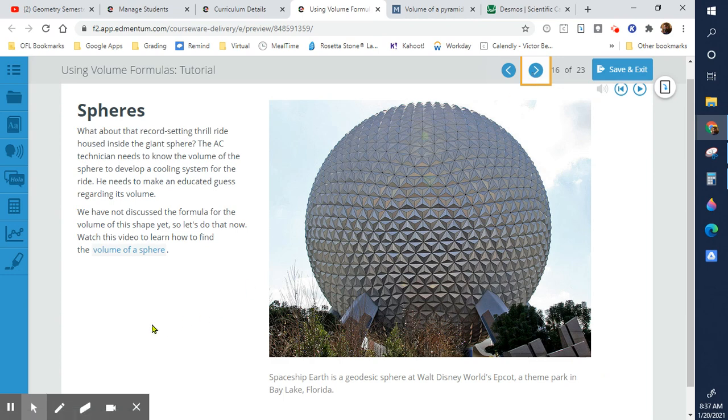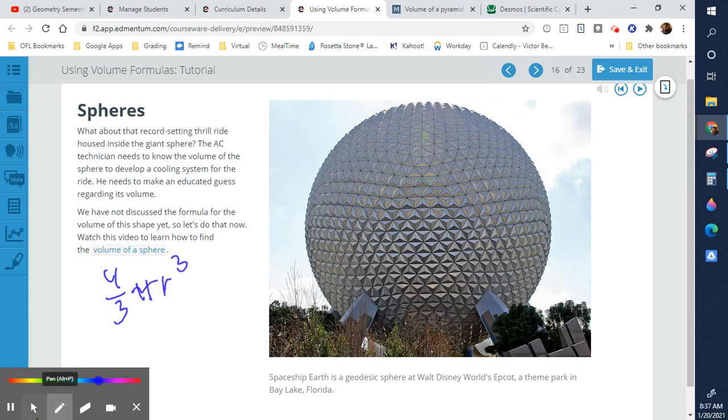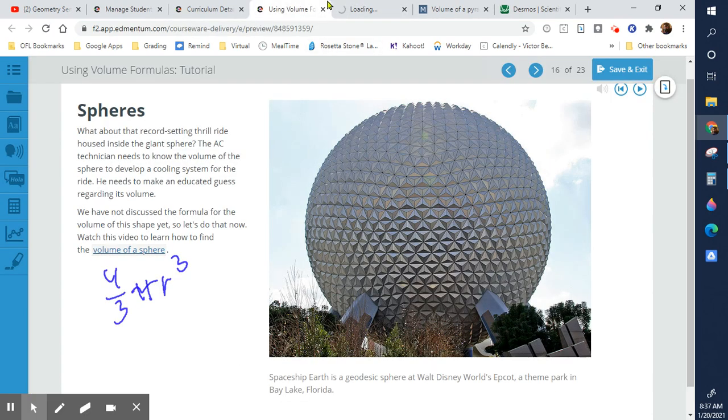All right, spheres. So the formula for a sphere, I just have this memorized. It's 4/3 pi r cubed. You can have these formulas written down somewhere if you'd like. As always, I recommend looking at the guided notes.